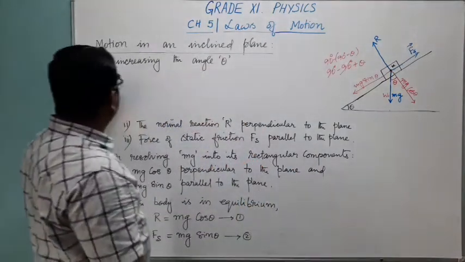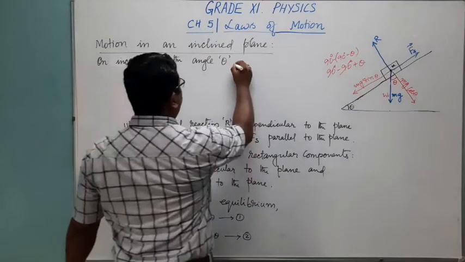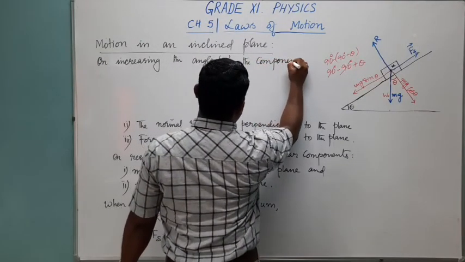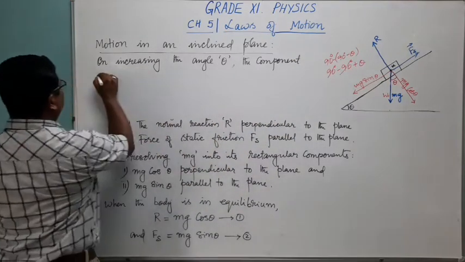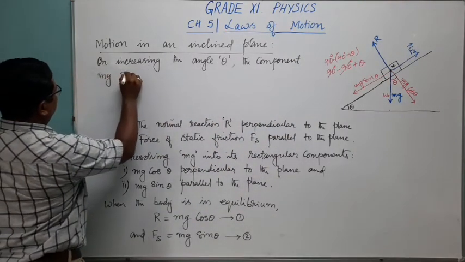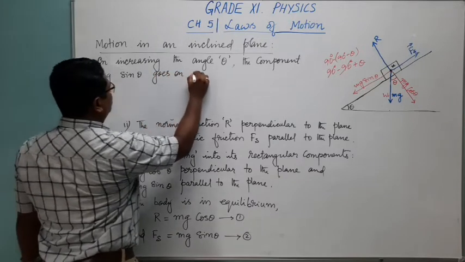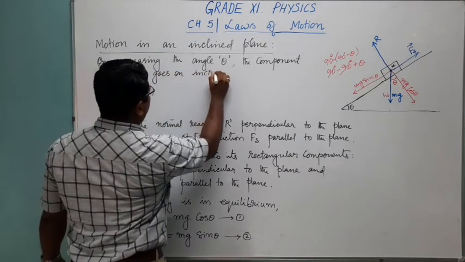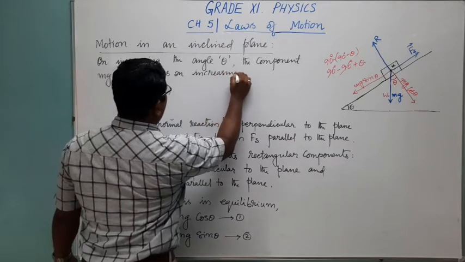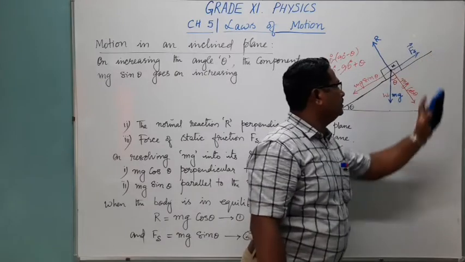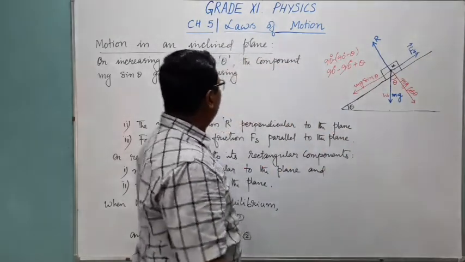So I'll write down here, on increasing the angle theta, the component mg sin theta goes on increasing, and when mg sin theta goes on increasing, the force of static friction also will become more and more.